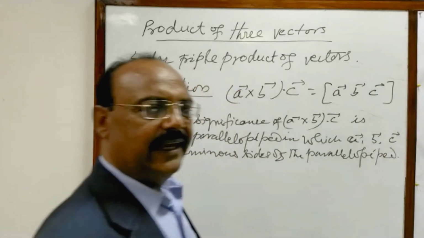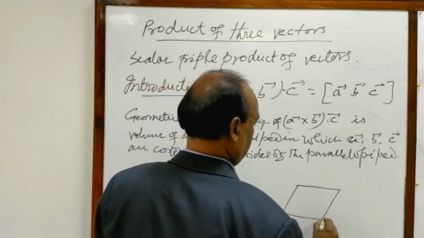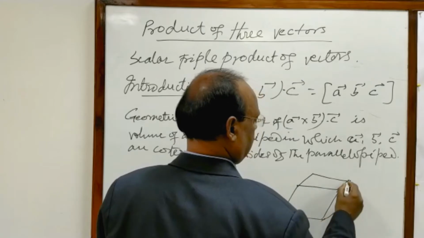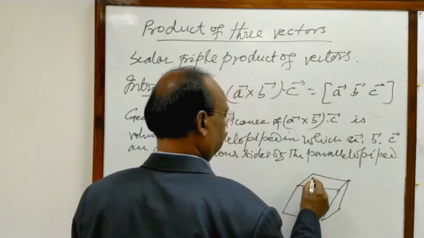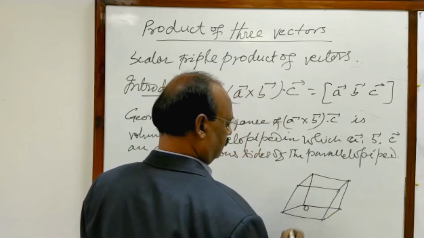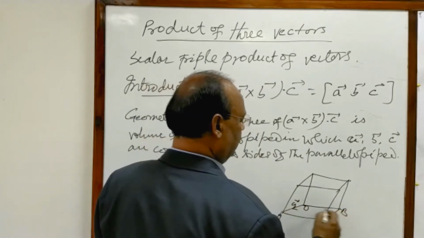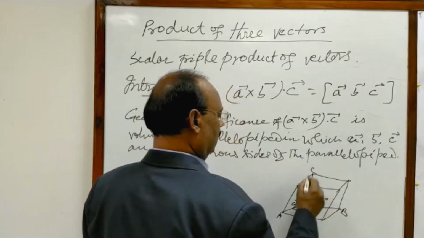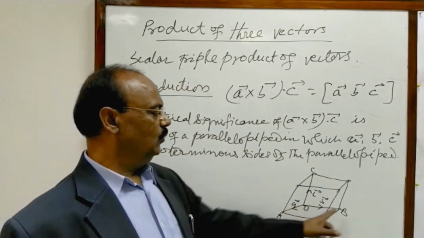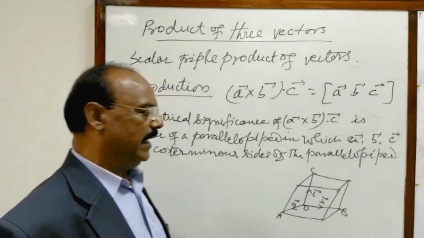So let us sketch a parallelepiped. This OA is vector A, this OB is vector B, this OC is vector C. So here OA, OB and OC are coterminous sides of a parallelepiped.